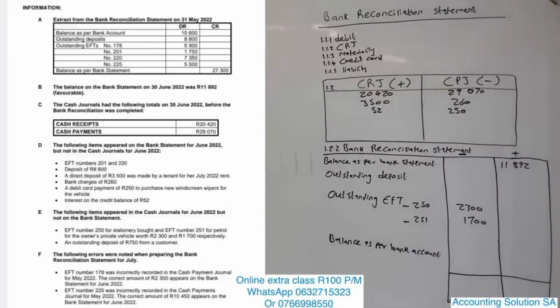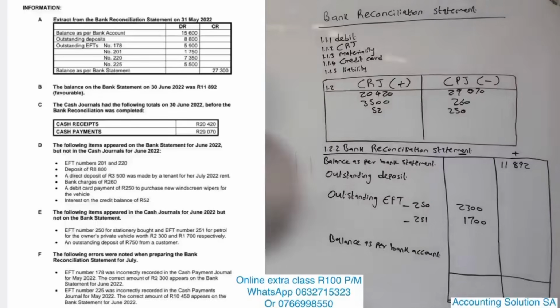Number one, EFT number 178 was incorrectly recorded in the cash payment journal for May 2022, and the correct amount of 2,300 appears in the bank statement for June 2022. Now let's check here.